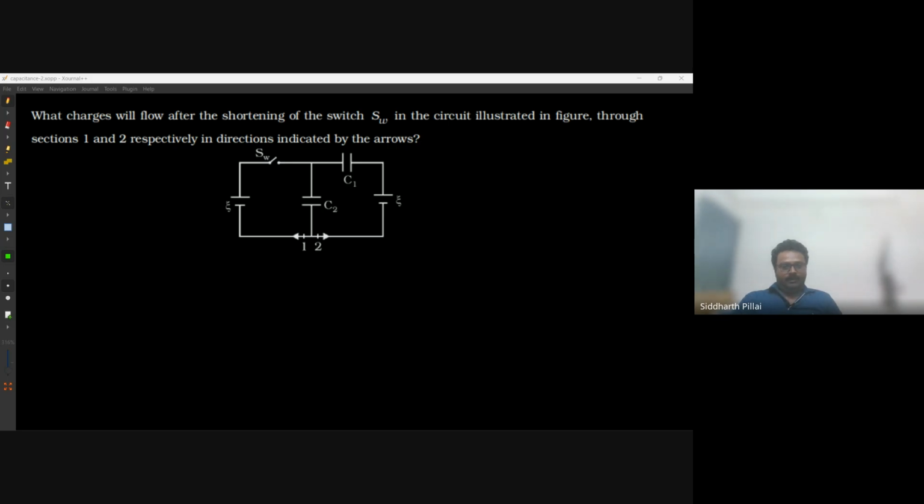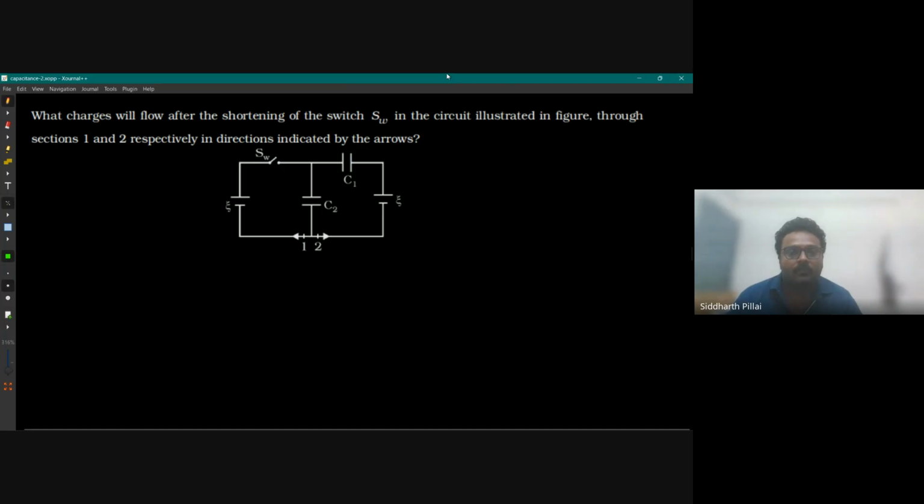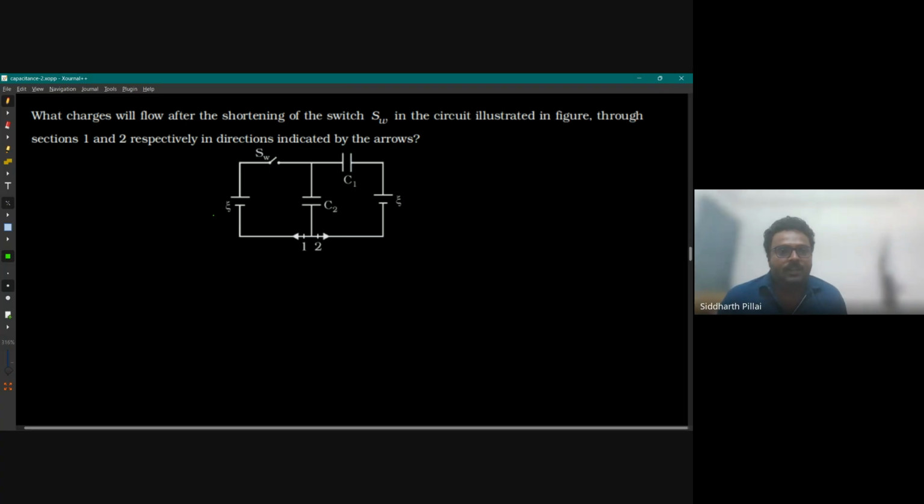Okay, let's start solving the problem. Right. So initially, when this switch is open, both the capacitors will have an equal amount of charge because they are in series.